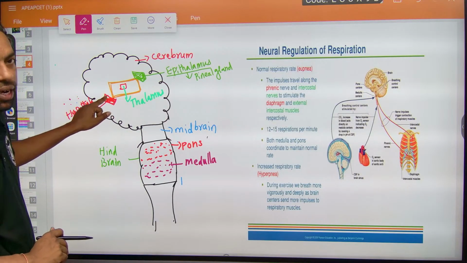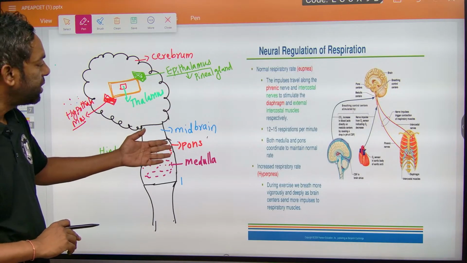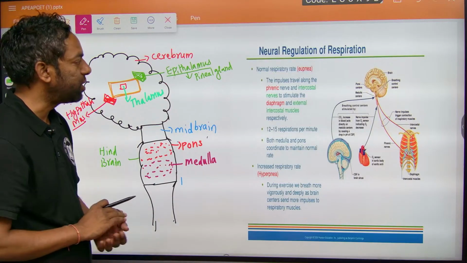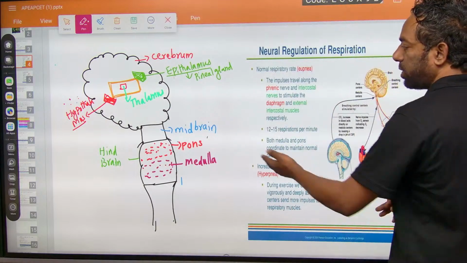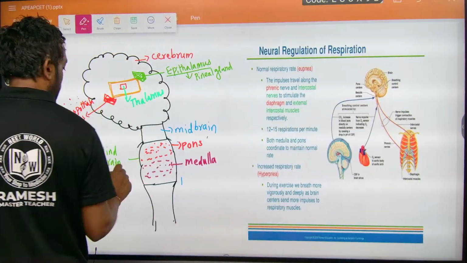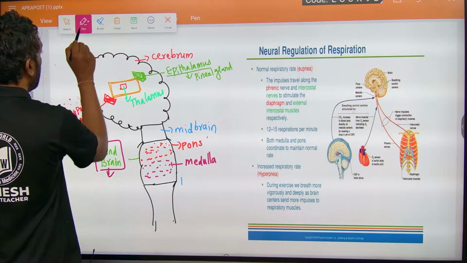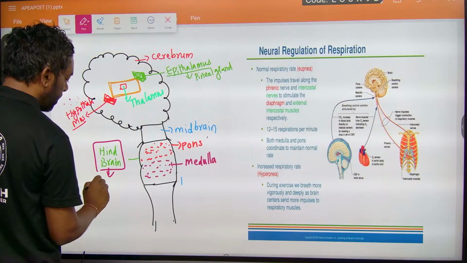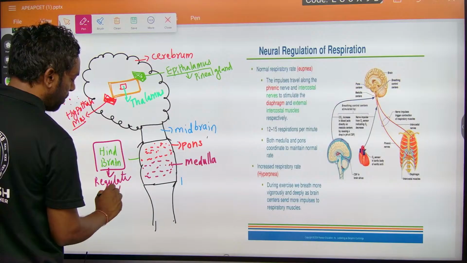The options are hypothalamus, pneumotaxic center, apneustic center, and chemosensitive area. What are those? The medulla and pons are the regulatory parts of breathing. The hindbrain, especially the medulla and pons, can regulate breathing.